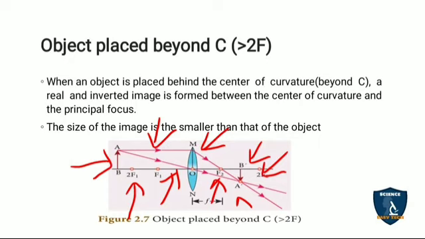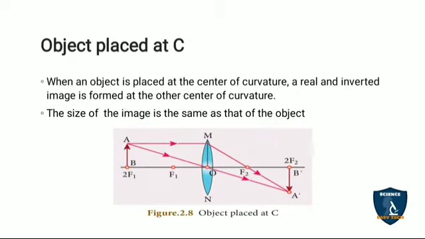Next, object placed at C. When an object is placed at the center of curvature, a real and inverted image is formed at the other center of curvature. The size of the image is the same as that of the object.